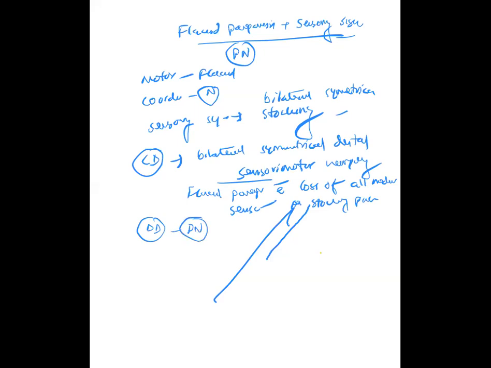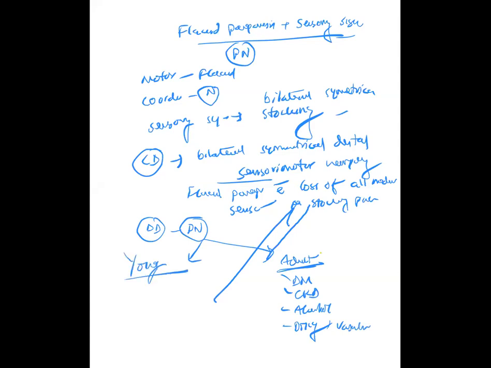So peripheral neuropathy, in case of an adult, most of the time I will find the patient is an adult. I will say the number one cause is diabetes mellitus, number two is CKD, then alcohol, then drugs, then vasculitis. In case of a young patient, I will say hereditary sensory motor neuropathy, vasculitis, that may be primary or secondary, drug cause, paraneoplastic cause, then alcohol.